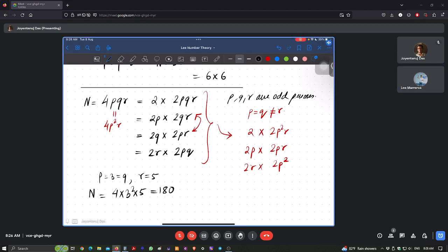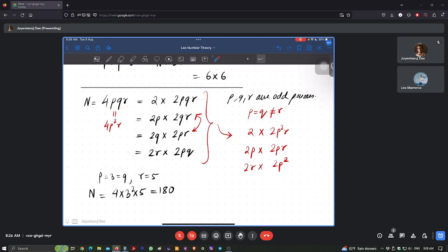So indeed, 180 is the smallest number such that it can be written in three factorizations, and all the combinations give the same 180. If you want four factorizations, then all of P, Q, R have to be distinct.